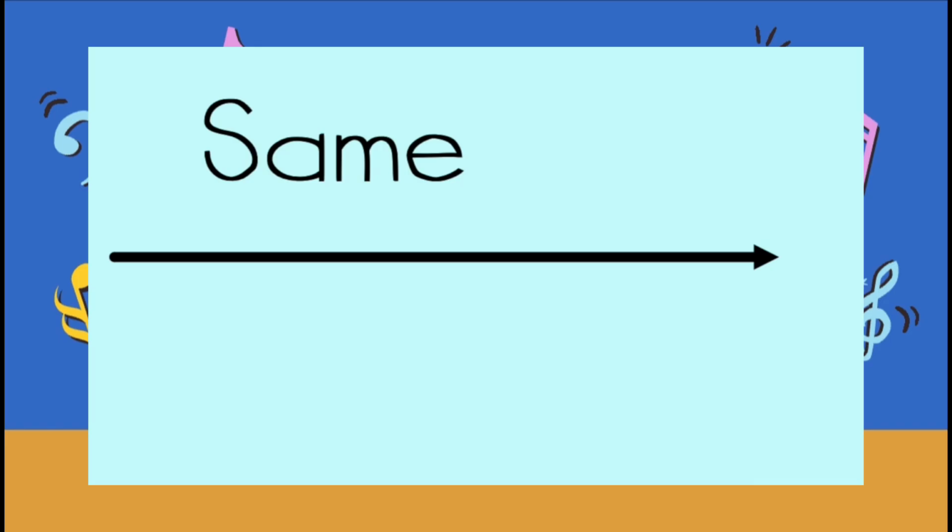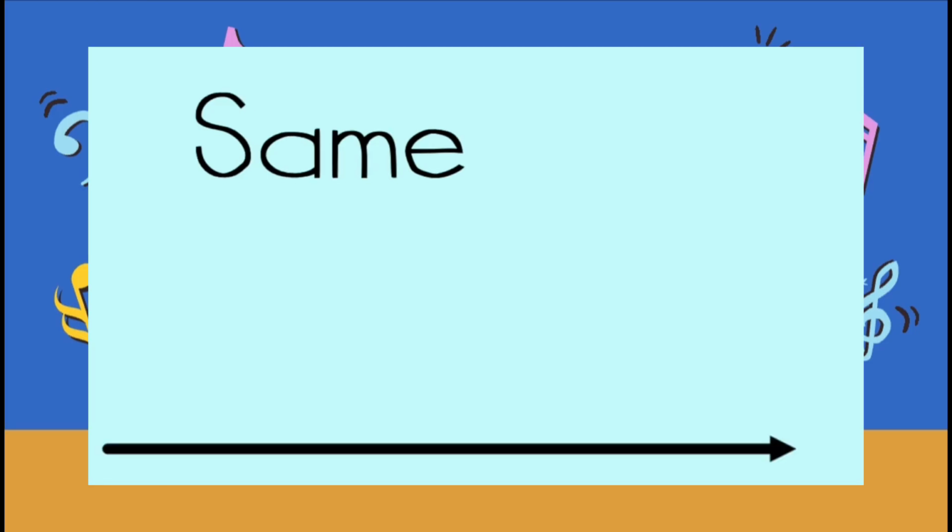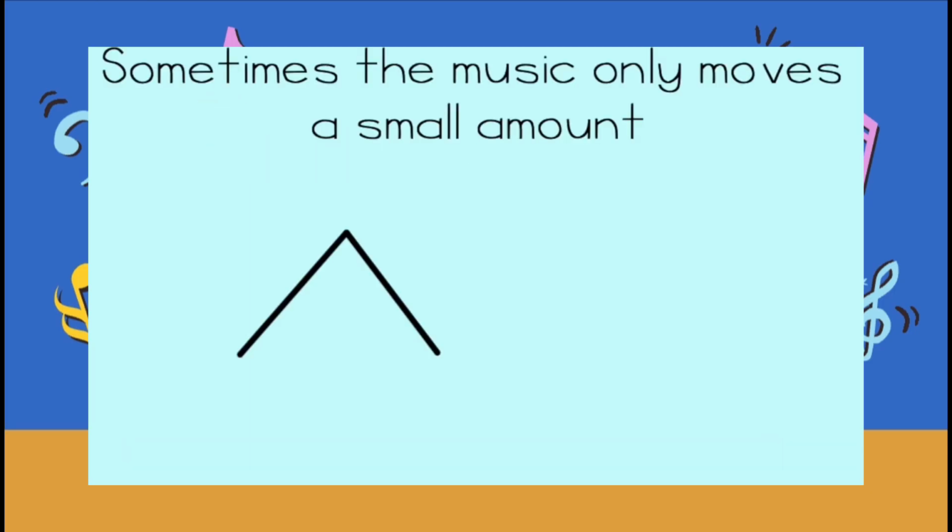The third way it can move is by staying the same. This repeats the same note that it ended on. You can repeat these notes at a high level or at a lower pitch. You could even do them in the middle. When you start putting these together, you come up with the melodic contour. Sometimes the music only moves a small amount.